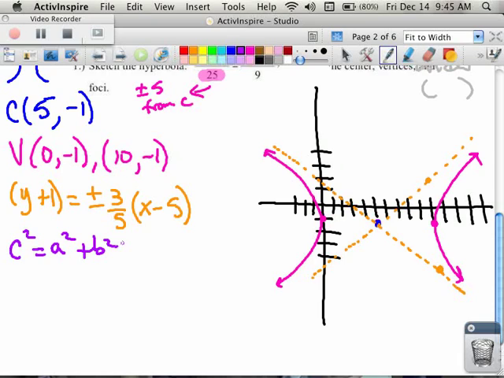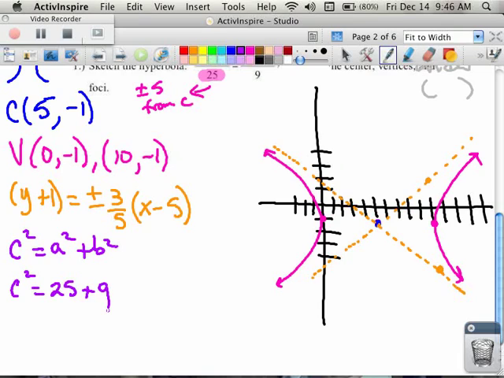Okay? So in this case, the a and the b are the numbers that are underneath the parentheses. In our parentheses, we had the numbers 25 and 9. So c squared equals 25 plus 9. 25 is a squared, 9 is b squared, or in other words, a and b were 5 and 3.